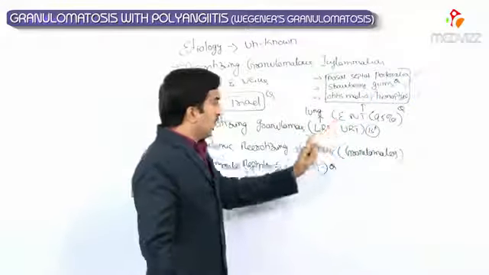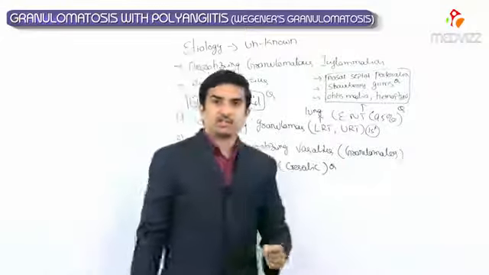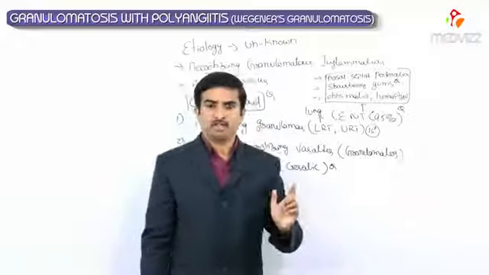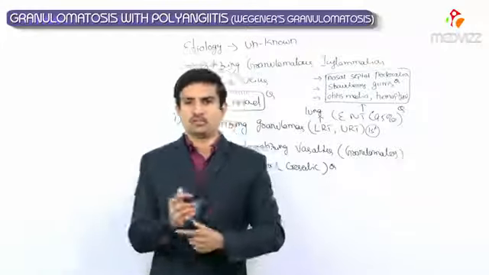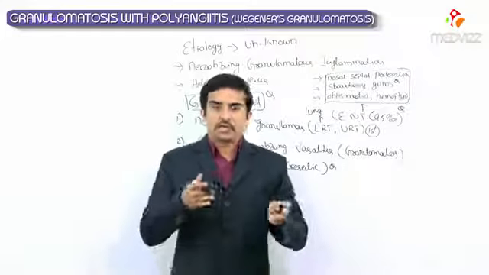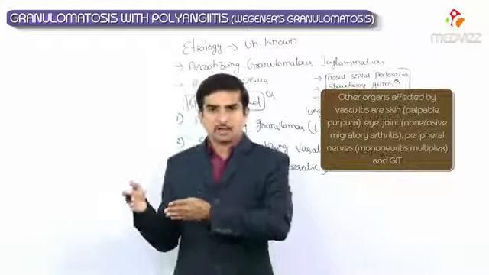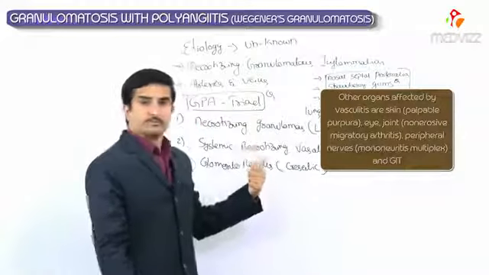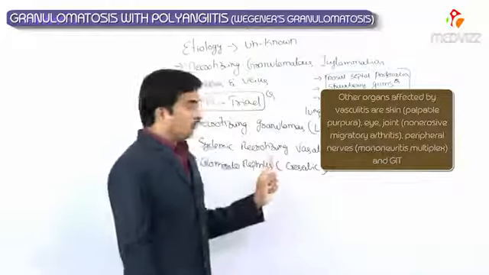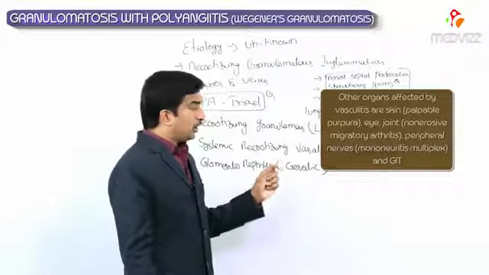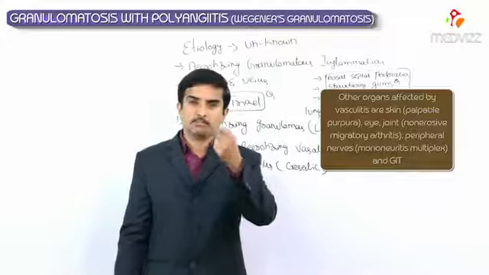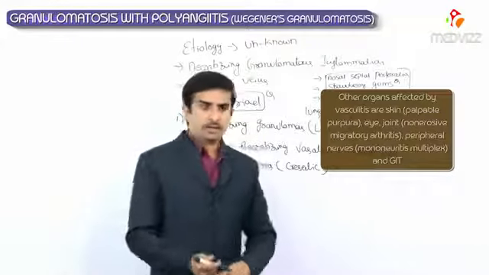Along with upper and lower respiratory tract involvement, other organs are also affected in Wegener's, but in the later course or severe forms of the disease. Other organs affected by the vasculitis are skin, causing palpable purpura, eye involvement, and joint involvement in the form of non-erosive migratory arthritis.